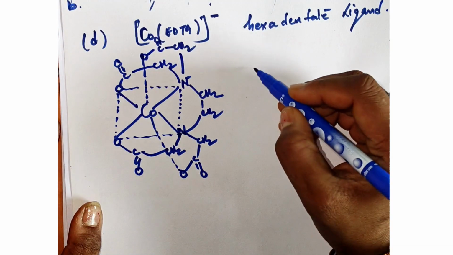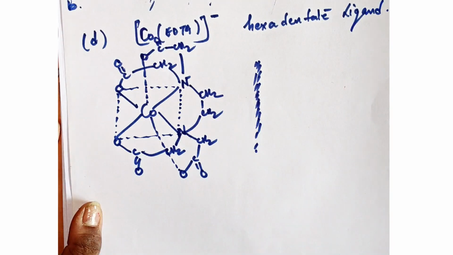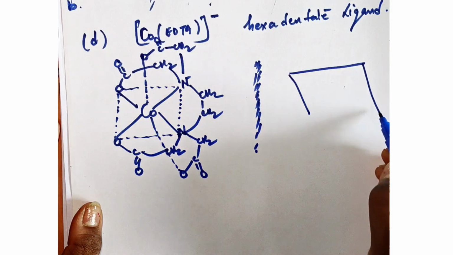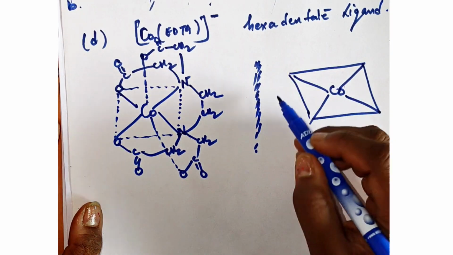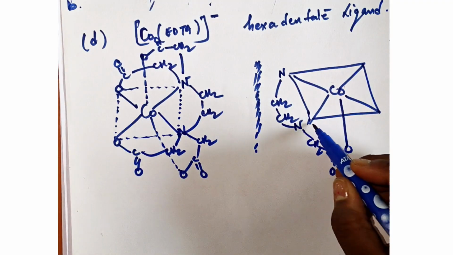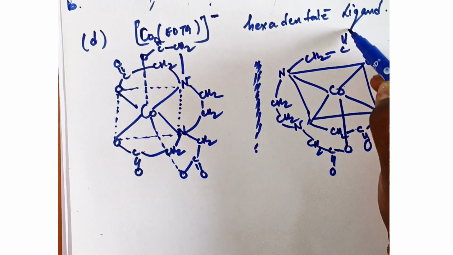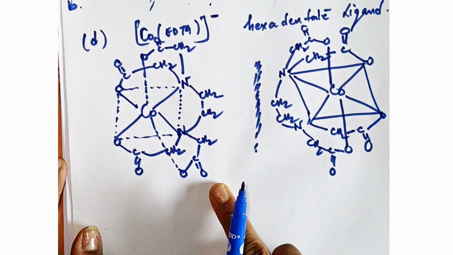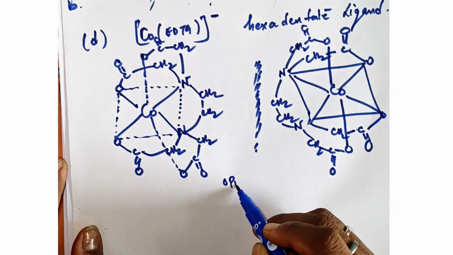It is a chelating ligand. If you put a mirror here, then again you can draw another molecule. So this is optically active. These are mirror images of each other, and they are non-superimposable, and hence they are enantiomers, optically active.